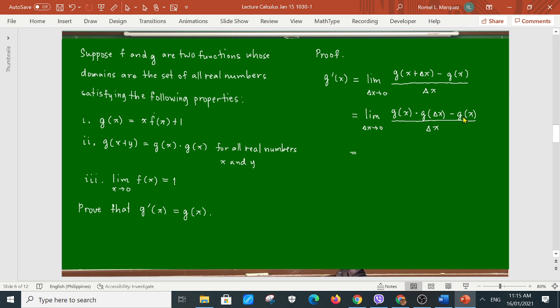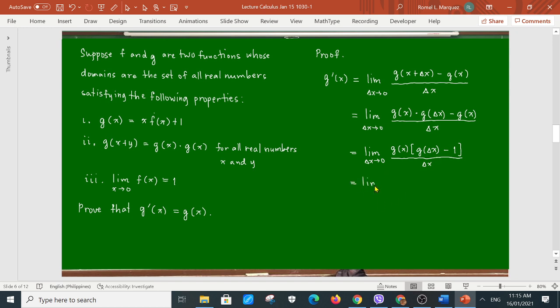Now, I can factor out g of x from the numerator, no? So the limit as delta x approaches 0 of g of x multiplied by g of delta x, then minus 1, all over delta x.